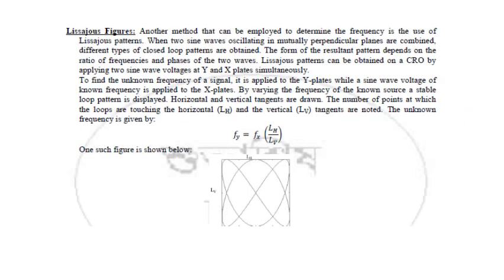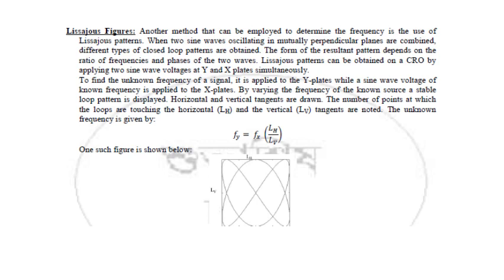Lissajous figure. You might have heard this. A scientist discovered a very interesting method to create interesting figures, and this figure also gives a lot of information about the voltage applied. This is a method to determine the frequency, the use of Lissajous pattern.